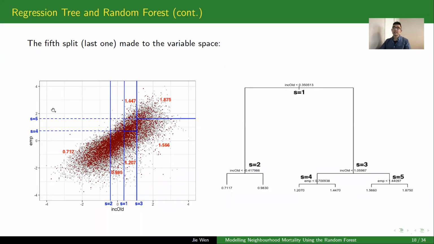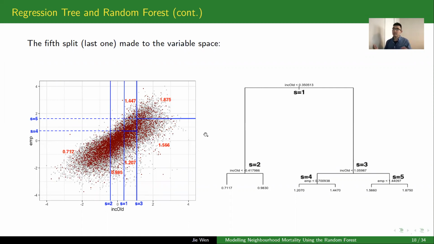And for the final split, the algorithm still decides to make the last split along the imp score as well, and which is made onto this node of RSOs. And the splitting boundary is here, whether one RSOA has imp score lower than 1.44 or larger than 1.44.